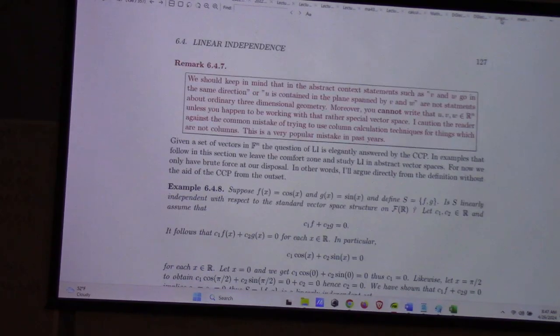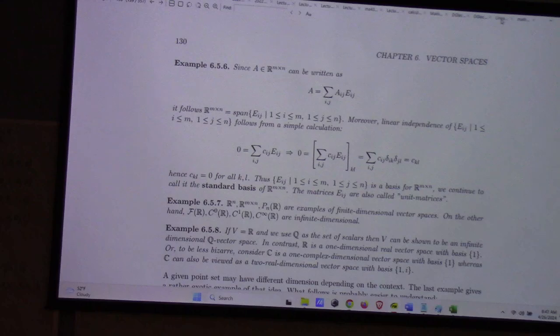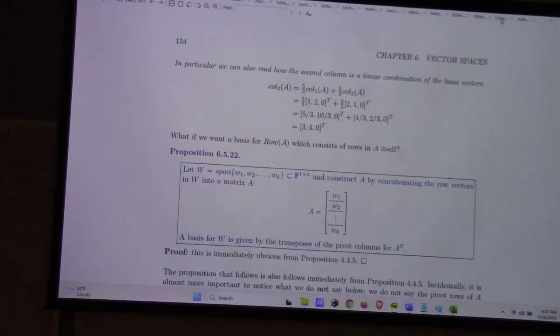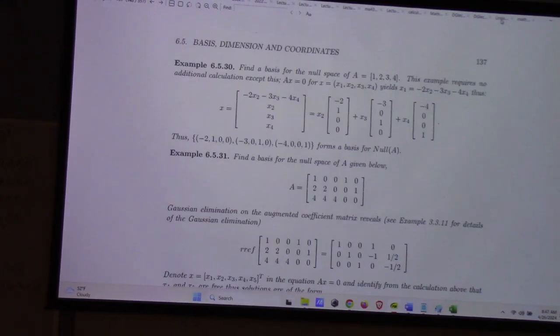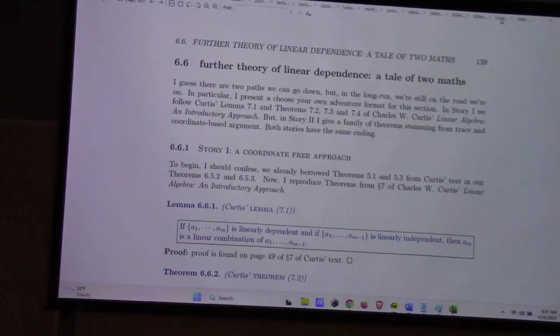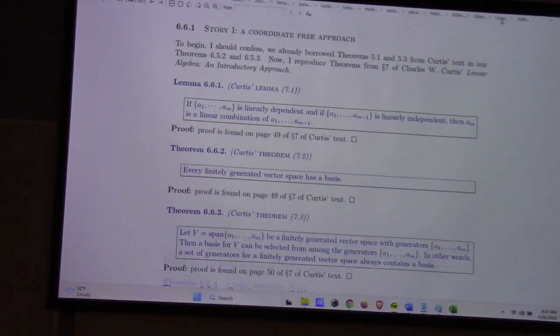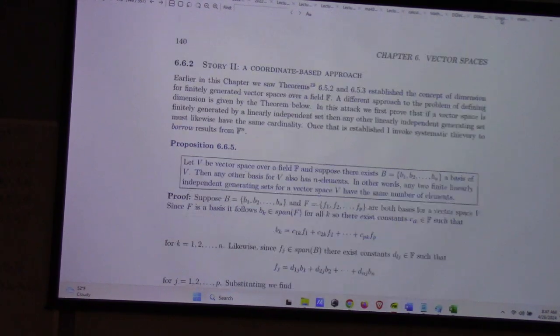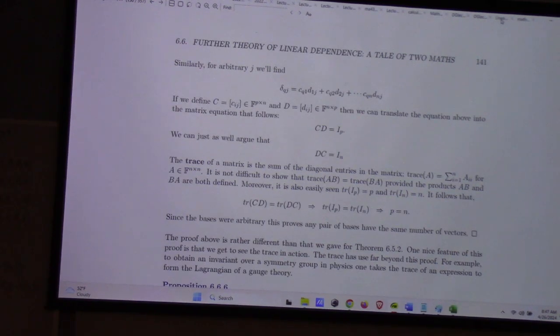Okay, let me go on here. I don't want to teach you the whole course. We can also talk about basis, a tale of two maths. This is one of the more significant theoretical accomplishments of the course.